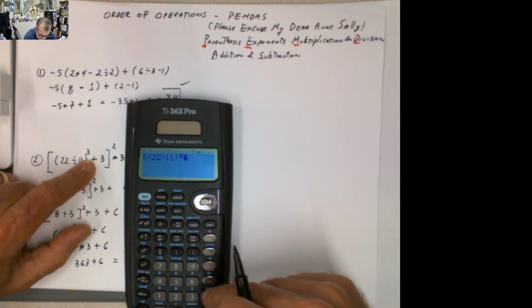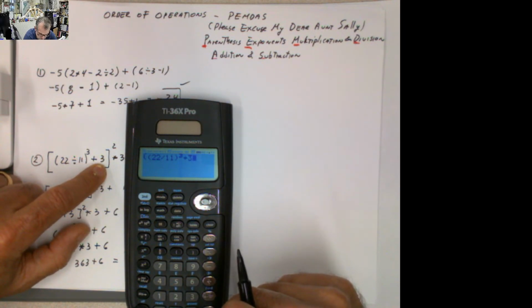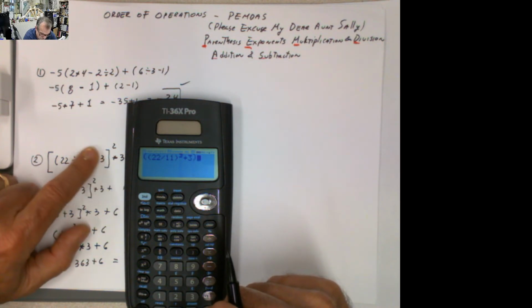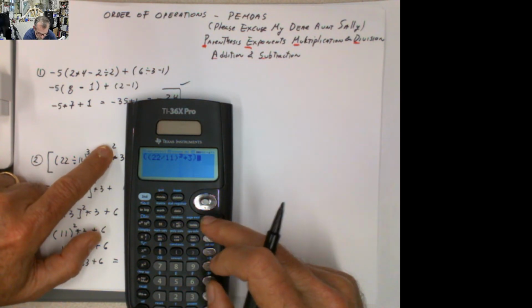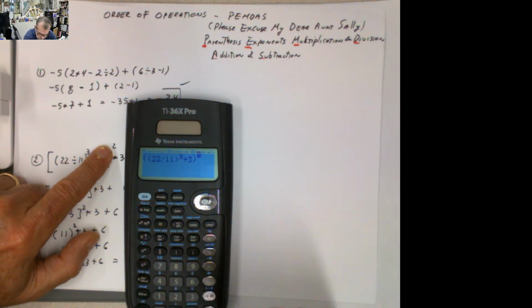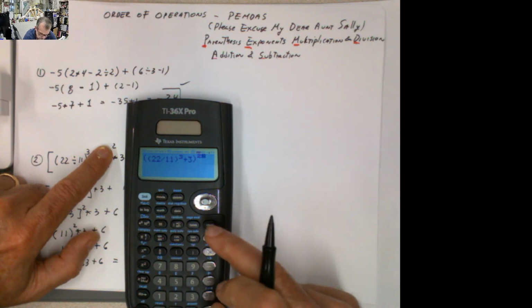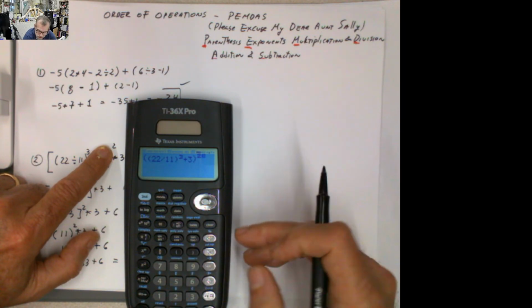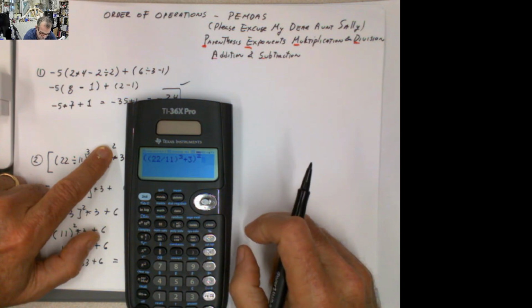Plus 3, and now it says close the parenthesis or the bracket. Well, I close it. And now all of this that we copied is elevated to the square. Elevated to is this symbol, remember? Elevated to the square. Once again, I have to bring the cursor down to the level of the numbers.